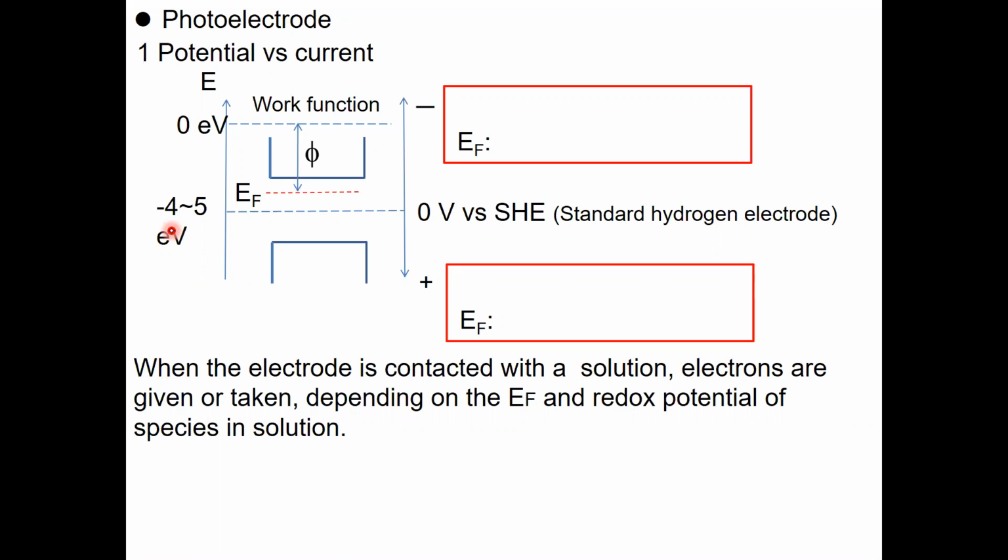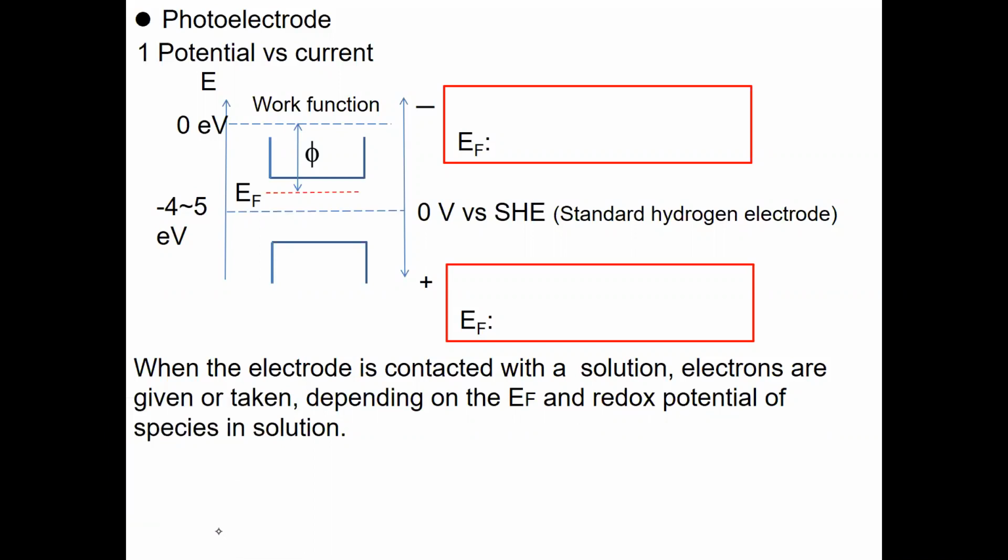But if this material is in a solution and used as an electrode, this energy level is controlled by the bias voltage.